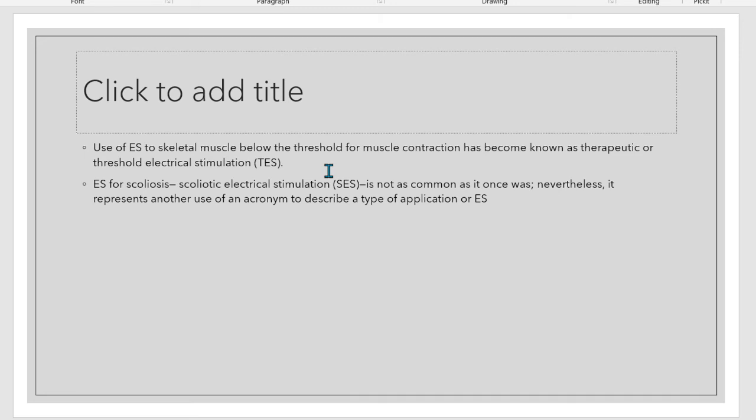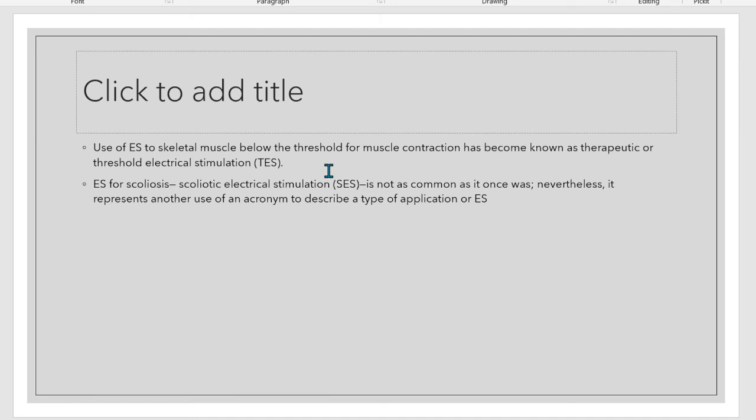Para mo-contract. Kay ang concept nila is ang convexity sa muscles is nainat. So ang iyang contraction is weak or wala siya contraction. So para ma-contract siya, applyan sa electrical stimulation para mabawi.